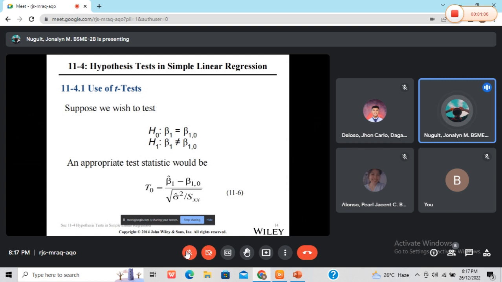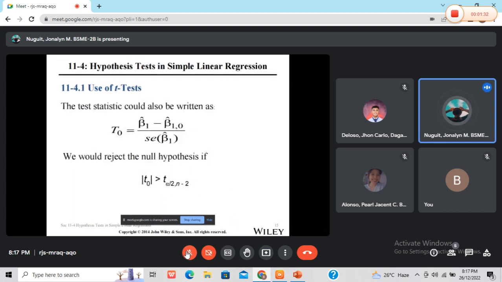An appropriate test statistic would be t sub 0 is equal to beta hat sub 1 minus beta sub 1,0 over the square root of sigma hat squared over S sub xx.